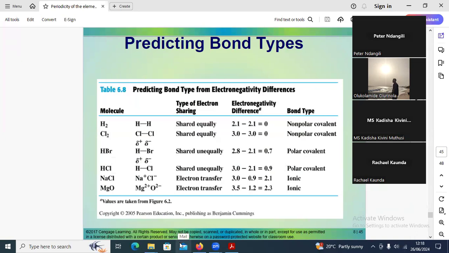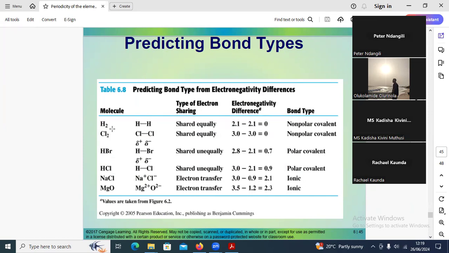And this is a table showing some differences. For example, when you have hydrogen, the electrons are shared equally. The difference in electronegativity is such that 2.1 minus 2.1, because the electronegativity of hydrogen is 2.1, is zero, and you get a non-polar covalent bond.